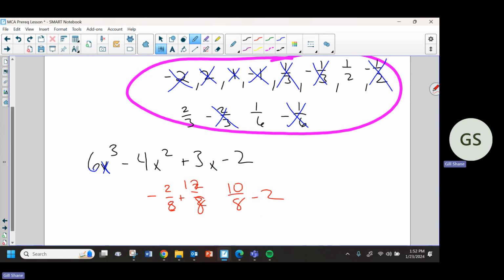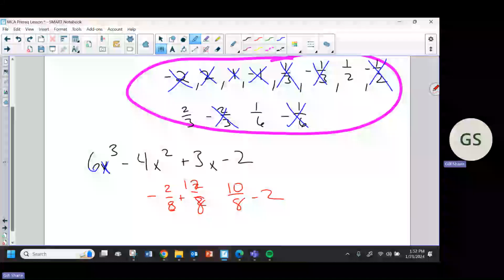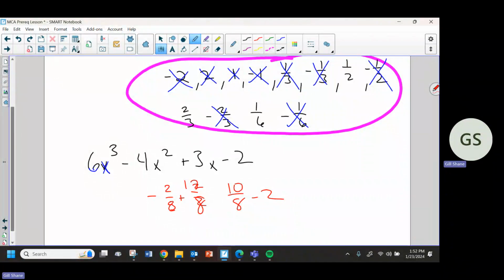Yeah, so it says in the book, the only one that worked was 2/3. So 1/6 won't work when you try it.